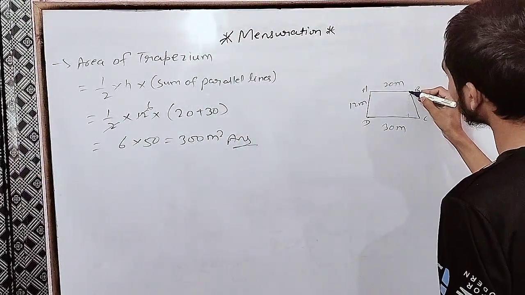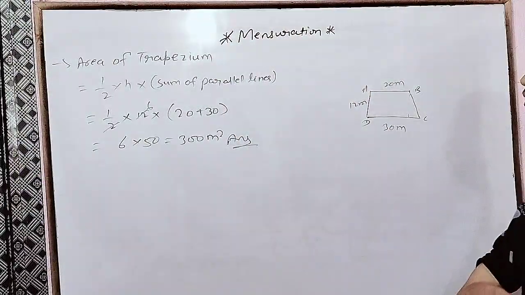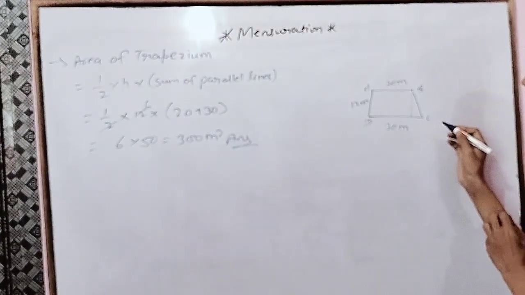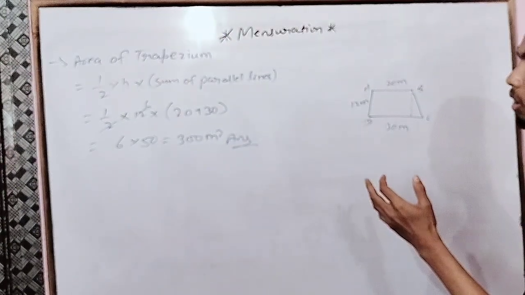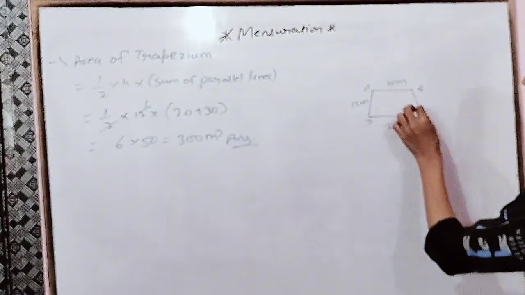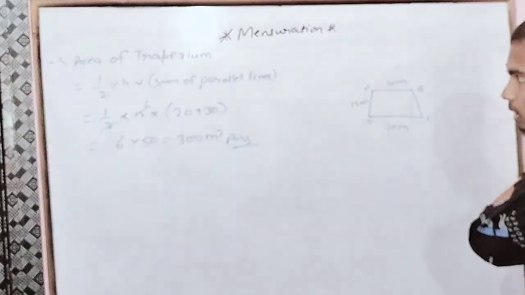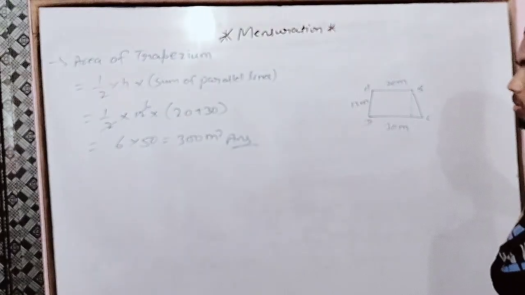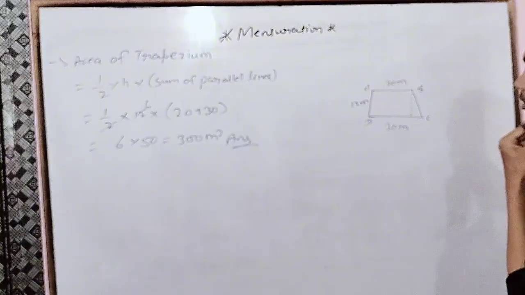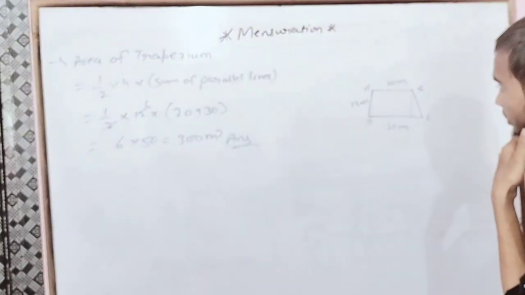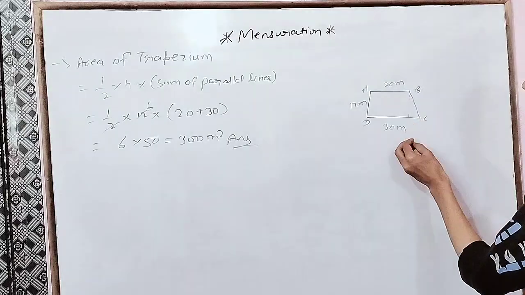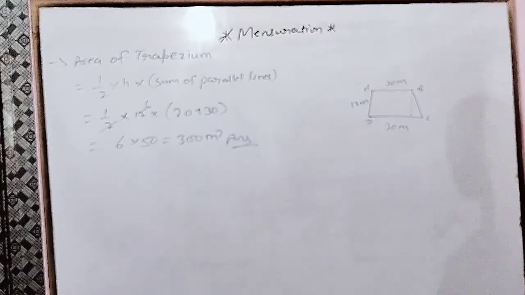Remember, in the figure of a trapezium we will observe a triangle. That's why we say 1 upon 2, and then height, which is also the breadth of the trapezium. If you want to say breadth, you can say breadth. We say height because here we are talking about the half triangle.